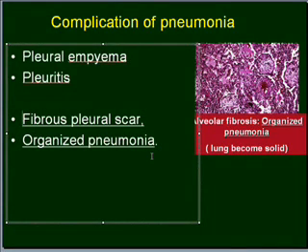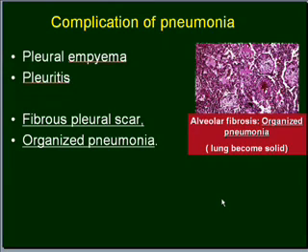So it is basically a chronic transformation of lobar pneumonia. Once it is chronic, we get two scenarios: pleural scar and organization of the pneumonia. So please do remember these two complications of lobar pneumonia: fibrous scar and organized pneumonia, which is also known as alveolar fibrosis.